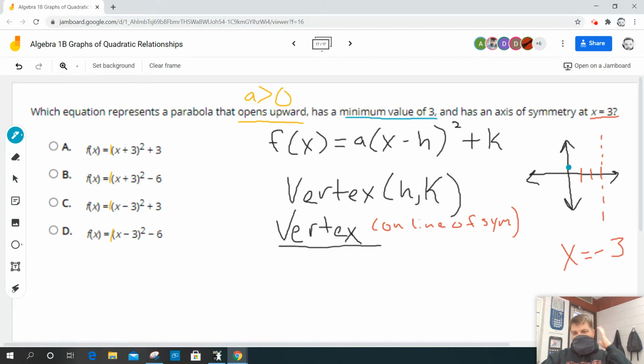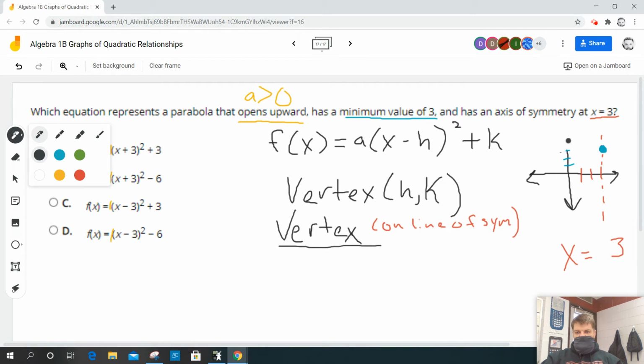So that means at 1, 2, 3, why did I write down negative 3? That's 3. So that means that at 3, this is my minimum value, okay? And that's where the vertex lives.